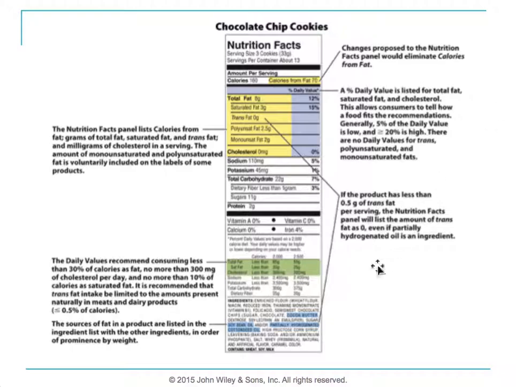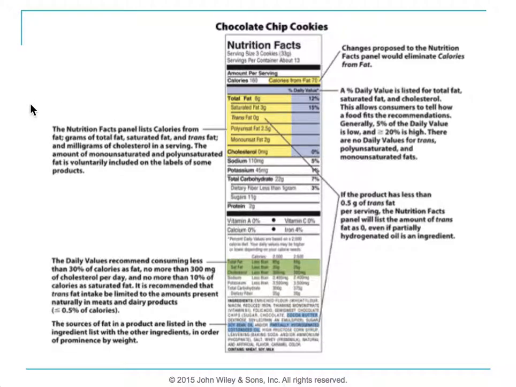So instead of only having what would be considered a negligible amount of trans fat that isn't even listed here, because you're eating multiple servings, you actually are eating maybe 1 gram or 1.5 grams, amounts that would ordinarily be listed, but because the serving size is so small, they don't have to list it.